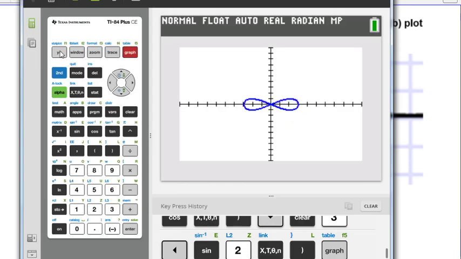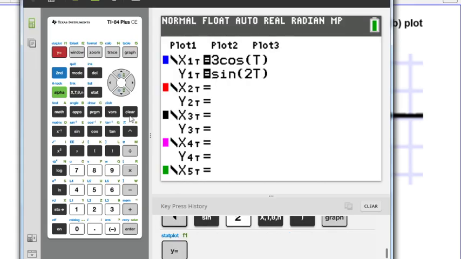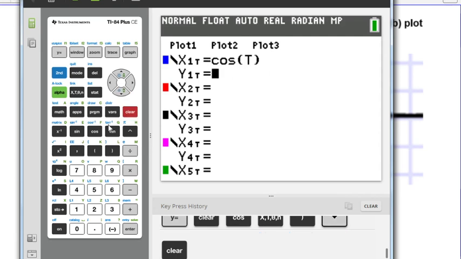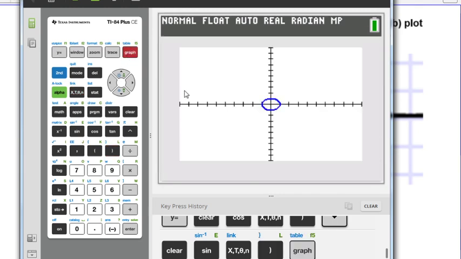So we go to graph parametric. We have cosine t. And down here we have sine t. And we graph, and this is what it looks like.